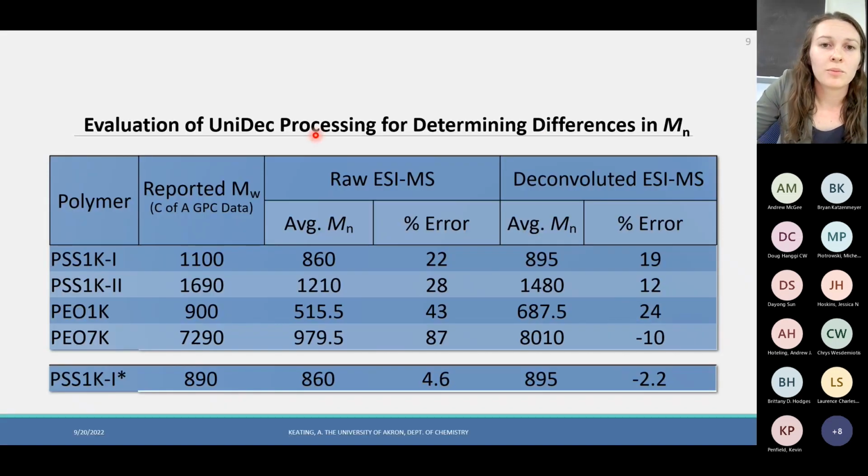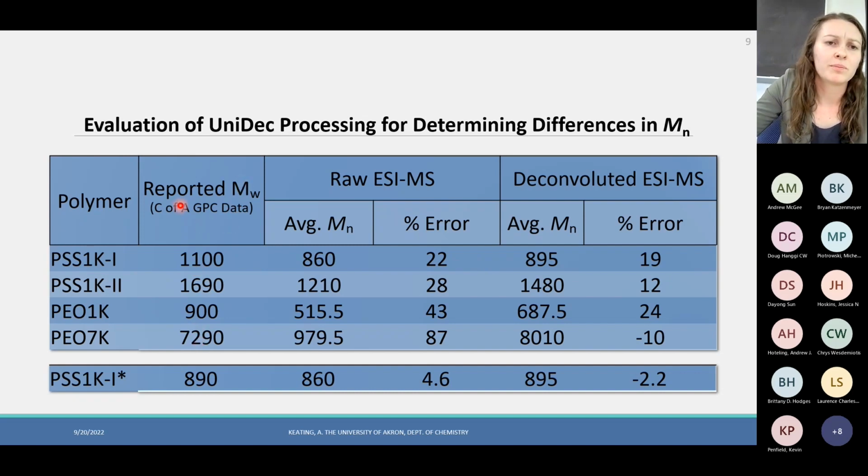Overall, of the polymers that I tested, I looked at polystyrene, 2 different polystyrene sulfonates, and the 2 PEGs, or polyethylene oxide, either one. I was able to calculate both the raw number average molecular weight as well as the deconvoluted, and then I compared the errors relative to the reported mass of the standard.